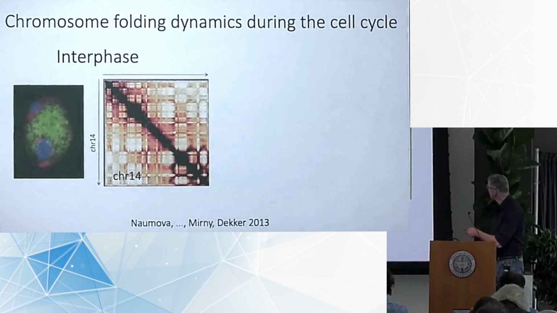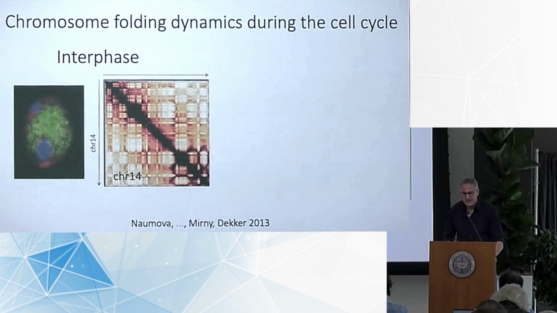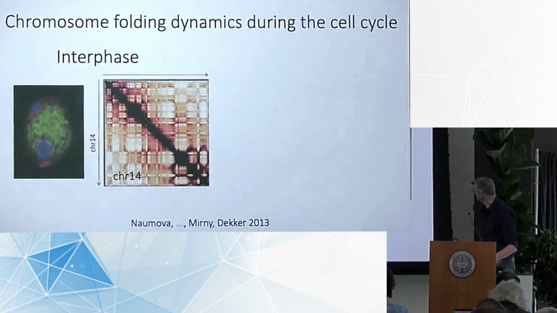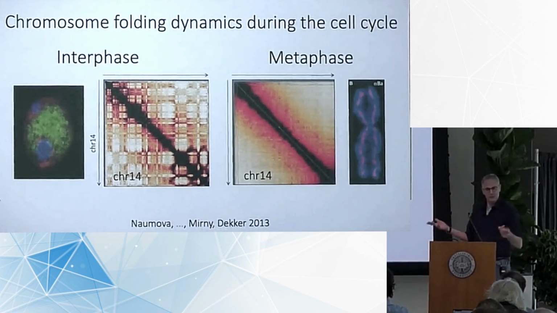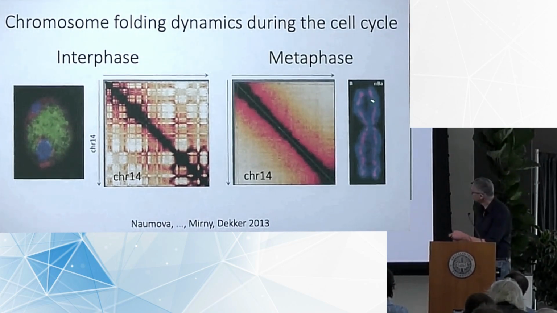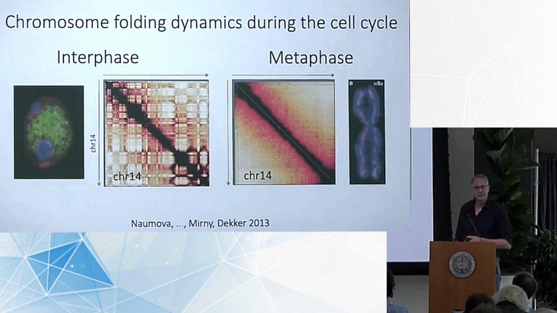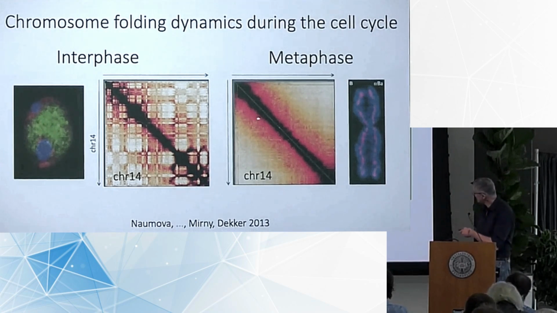So we talked mostly about interphase up to now, and we have these beautiful contact maps. But when cells go into mitosis, we heard, of course, Bill's beautiful keynote lecture yesterday. We get the most beautiful chromosome, the mitotic chromosome. And cells can go from an interphase state into a mitotic state in literally 10, 15 minutes. It's a remarkably fast process. And by Hi-C, the chromosome conformation also changes quite dramatically.